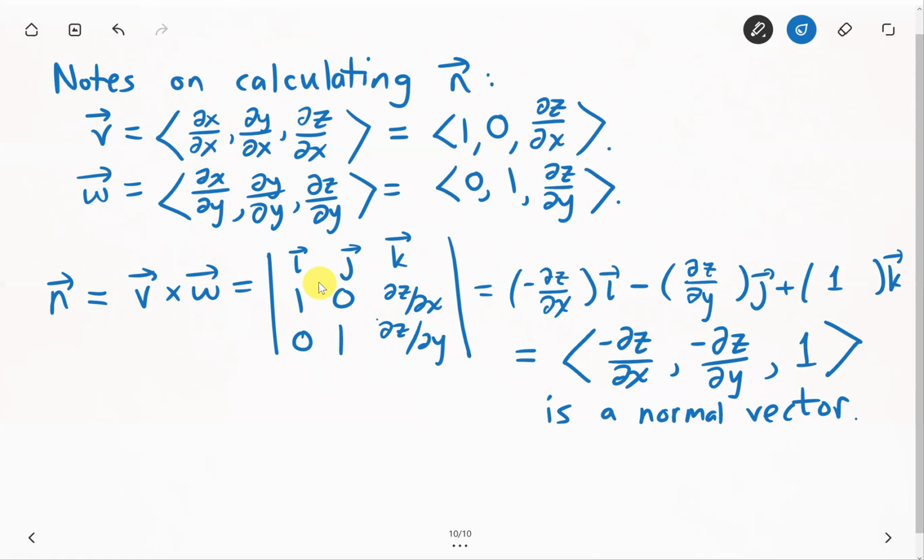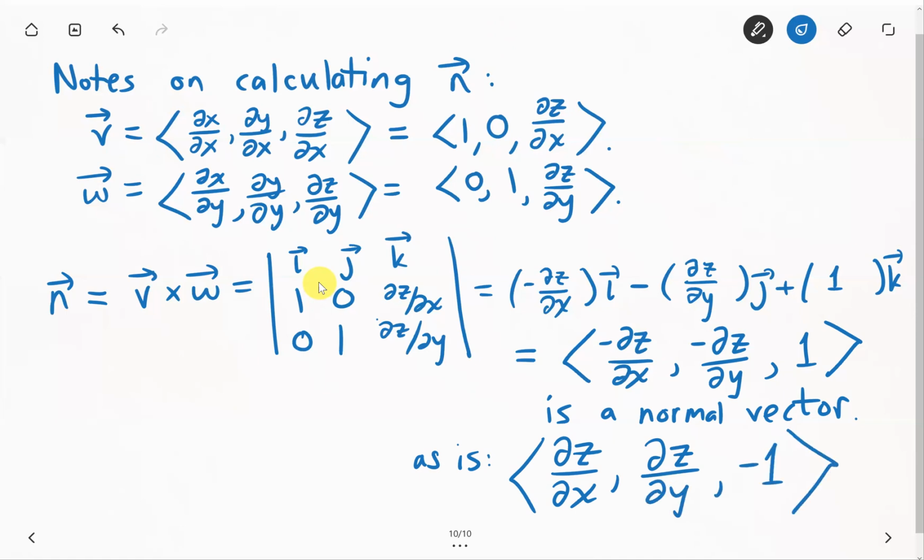So to reduce the number of negative signs, we can multiply everything by negative 1. We'll get a perpendicular vector which is facing in the opposite direction. It doesn't really matter what direction it faces in. So the normal vector we might most often use is dz/dx, dz/dy, negative 1. And this is definitely worth remembering. It's going to save us some time when we calculate the normal vector to get the equation of a tangent plane.